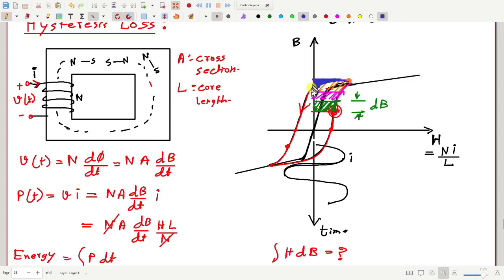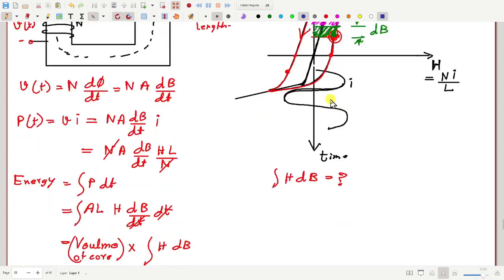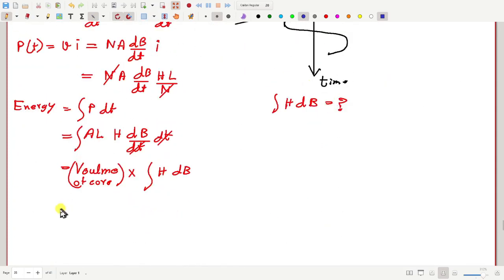And in this way, if I keep adding it, what will I get finally after one complete cycle? I will get the area inside this BH loop. Okay, so this is integrated over time.